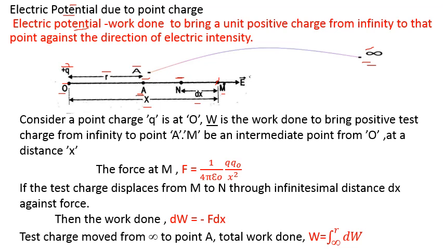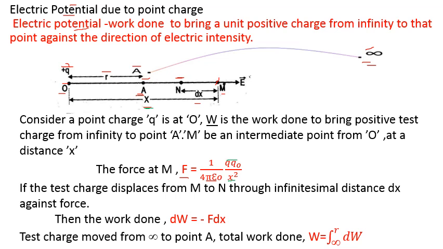For this purpose, after writing this description, we have to find the formula for force. We know this is the electrostatic force, which is 1 upon 4 pi epsilon 0, q q0 upon x square, where x is the distance between O and M. Clear?